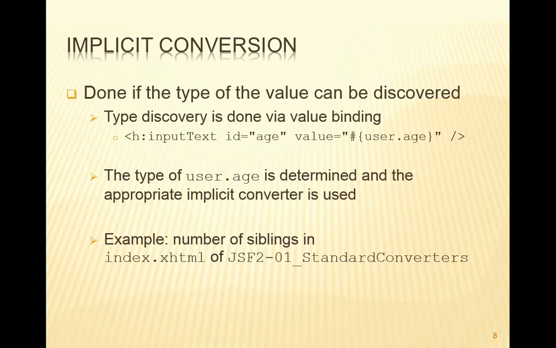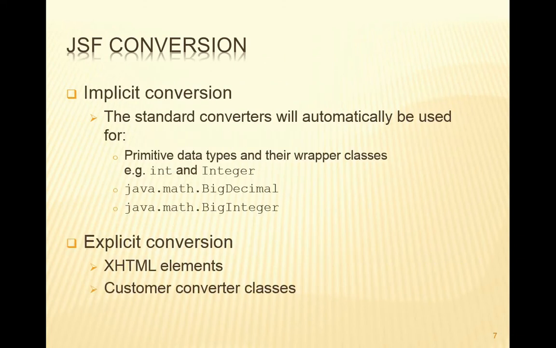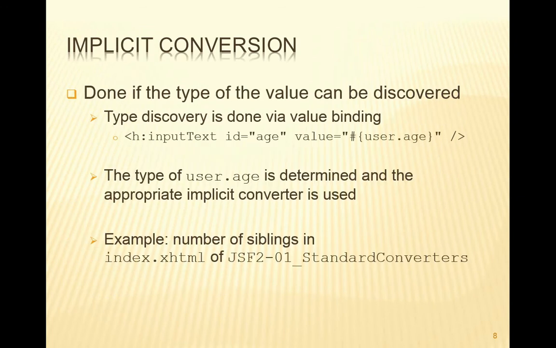If the return type is double, then we know it's got to be converted to a double, and so on. So the value binding, if it's bound to a property in the backing bean, will allow us to determine the type, and therefore implicit conversion can take place if it's one of those primitive data types, or BigDecimal, or BigInteger. There's an example of this in the standard converters project.